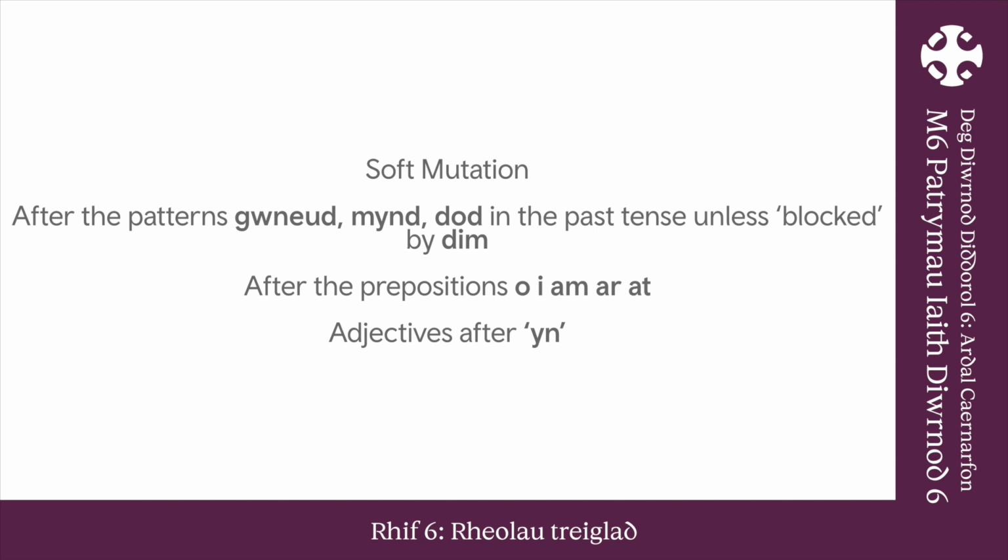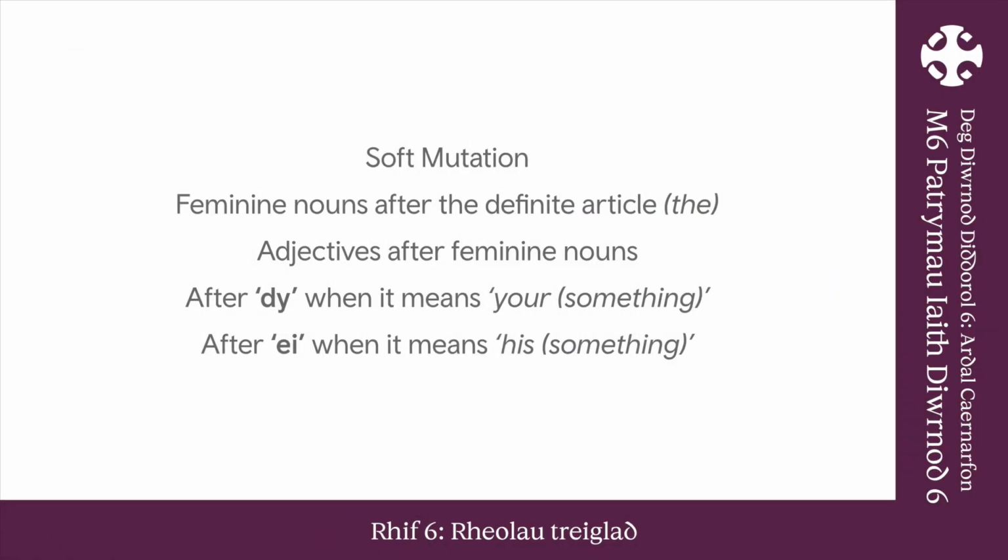After the prepositions o, i, am, ar, at. Adjectives after un. Feminine nouns after the definite article. Adjectives after feminine nouns. After dy, when it means 'your something'. After ei, when it means 'his something'.